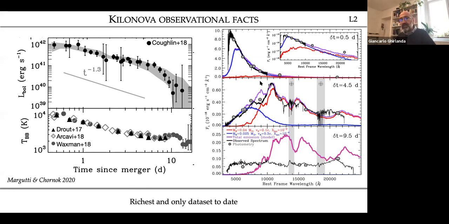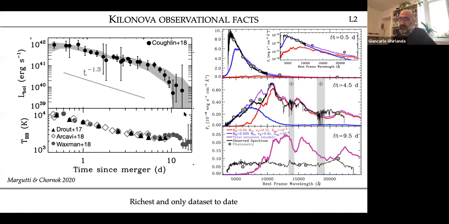In the plots here on the right-hand side, you see the spectrum, which is represented by the gray points, sampled at early times, so 0.5 days, roughly here, 4.5 days in this region here, and at very late times, 10 days or more.